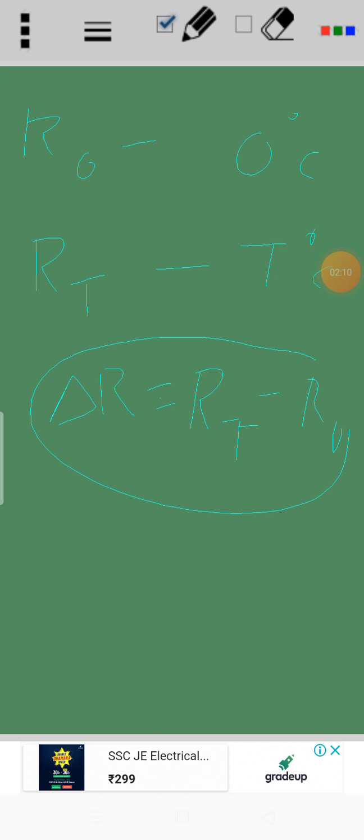From this equation, I can write that change in resistance is directly proportional to the initial value. If there is any change in the initial value, then automatically there is a change in resistance.